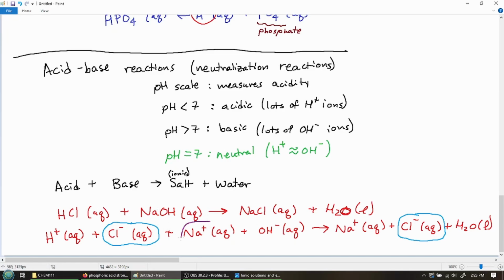And it seems to me also that these sodium cations did not change format either. What we could say here is that, okay, sure, we put the hydrochloric acid in solution and it split apart. And we put the sodium hydroxide in solution and it split apart. And then it formed sodium chloride and it formed water.